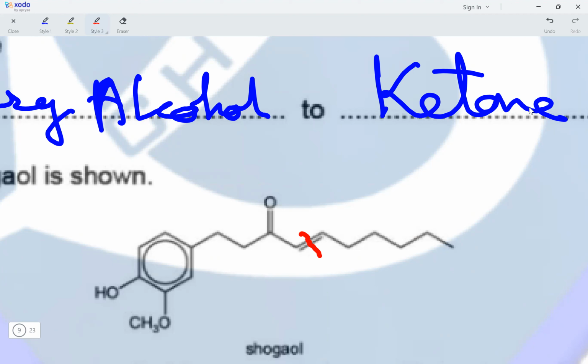So one of the products would have a COOH group attached to the carbon on the left, and a COOH group attached to the carbon on the right. The carbon on the right would be 1, 2, 3, 4, 5, 6 hexanoic acid, and the one on the left would be the benzene ring with two CH2 groups, a C double bond O followed by a COOH group.